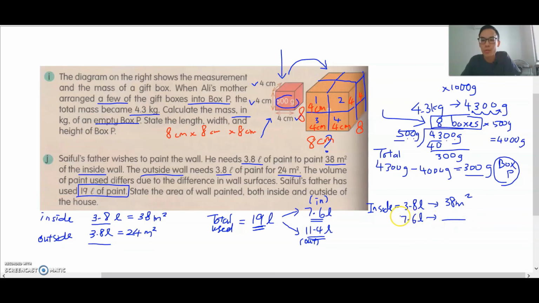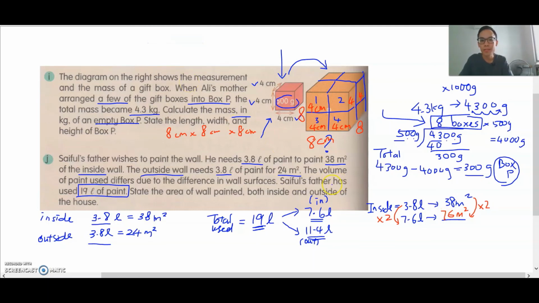Now just now I told you I use a multiplication of 2, right? So we use the relationship method. So this one we times 2, right? 3.8 times 2, we get 7.6. So the right side we also times 2. 38 times 2 is 76 square meters. So this is for the inside wall.